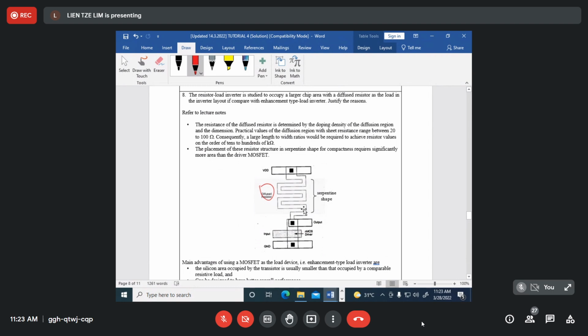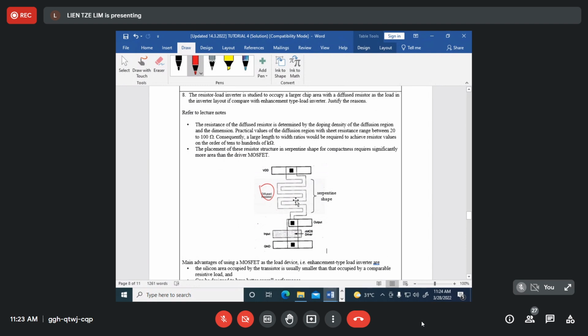If you compare with another resistor using a different fabrication technology, this diffuse resistor seems to occupy a larger area. When it occupies a larger area, it means that it occupies a larger chip area.